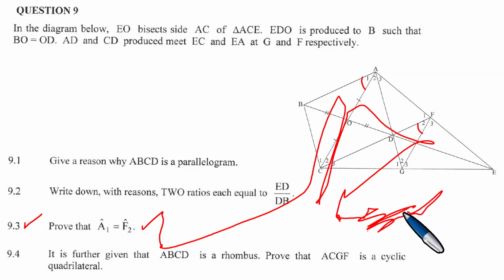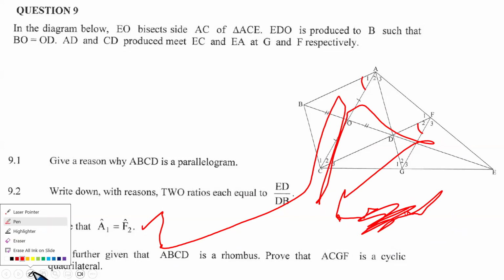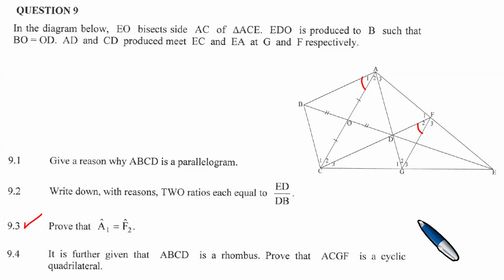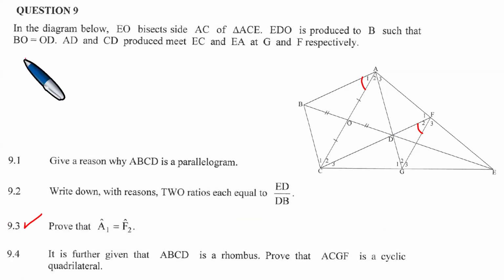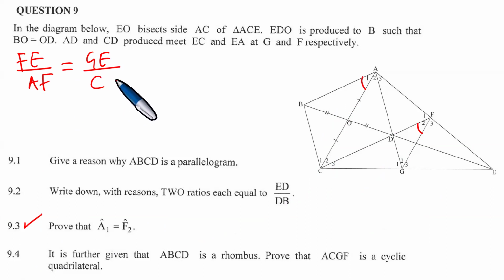We start by saying FE over AF is equal to GE over CG. And why? It has been proved.